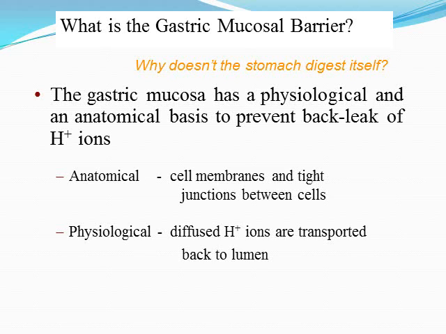And as the HCl is being created, extra hydrogen ions are transported back into the lumen to keep the cells at a functional pH.